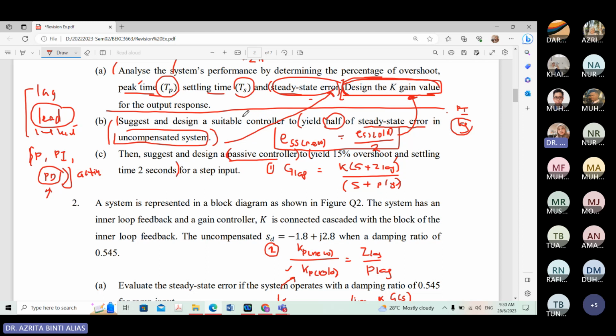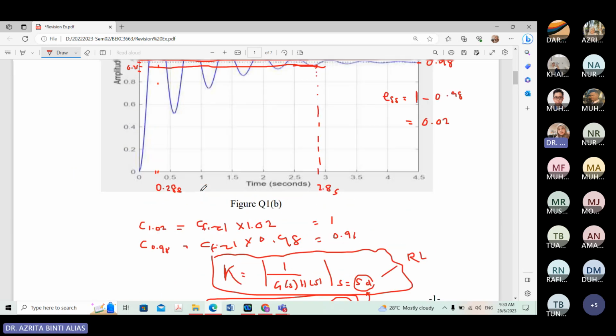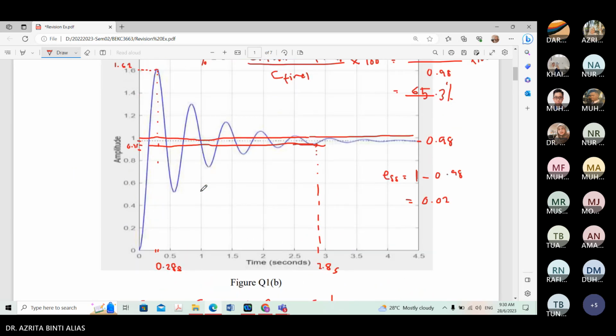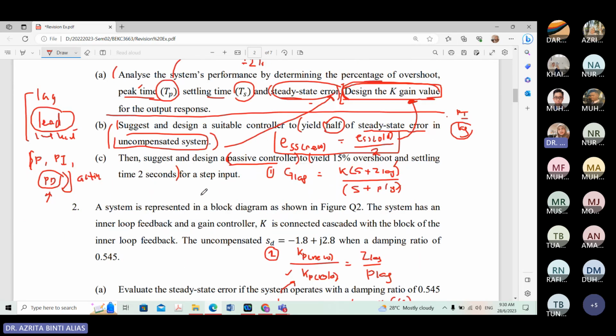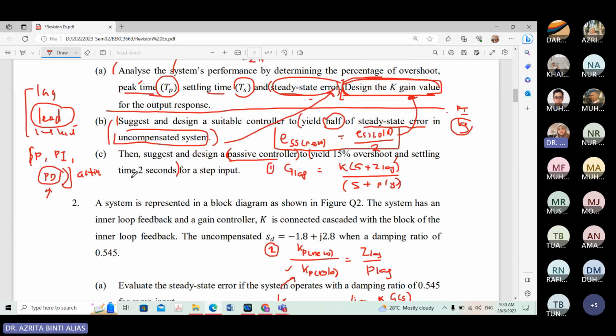So lead controller, because it is a passive controller, and the design objective is to improve the percentage of overshoot and also the settling time. Why can we not choose the K gain controller or P controller?